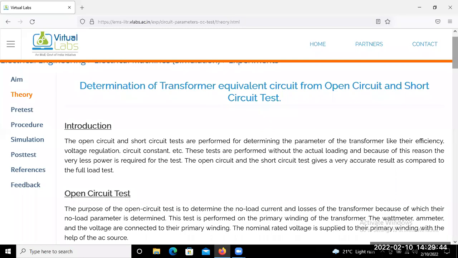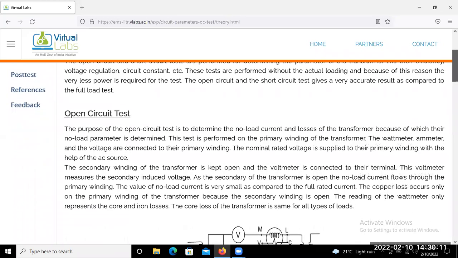We are just concerned that whenever we perform the open circuit test, the power measured by the wattmeter is assumed as the core loss, because the ohmic loss is considered during the short circuit test. Here, at the rated voltage, we consider the core loss.